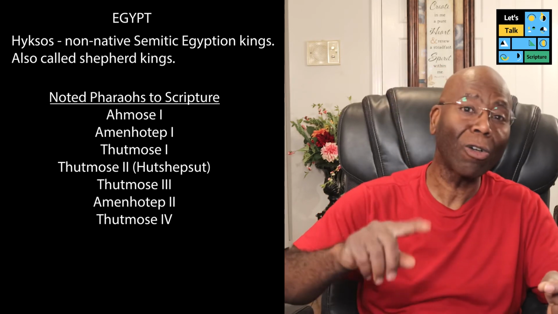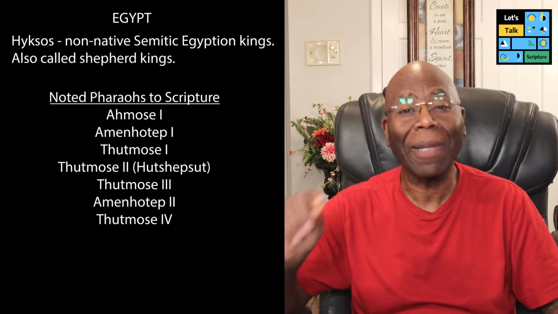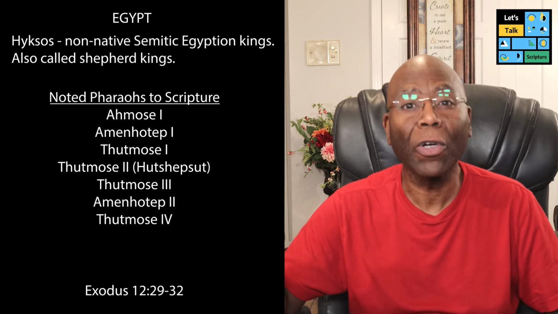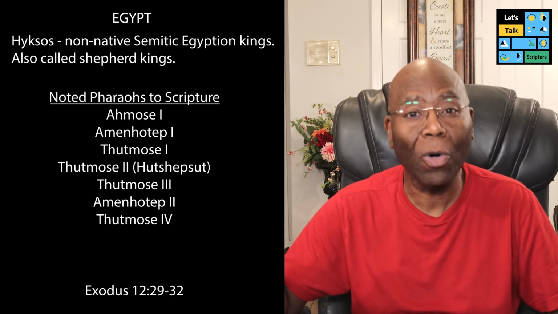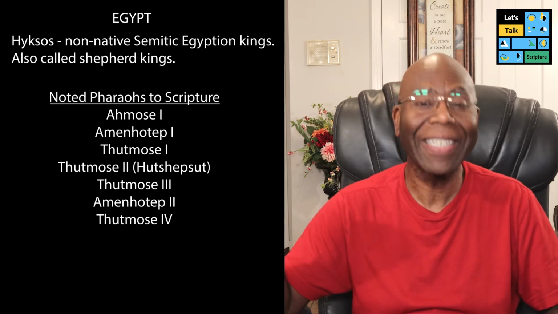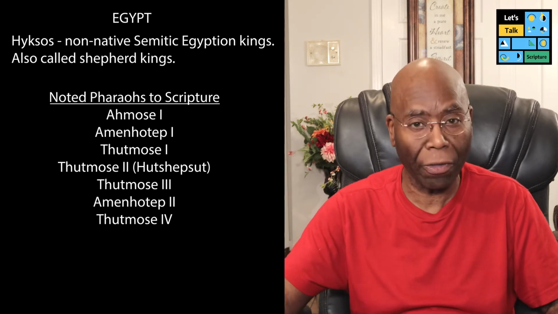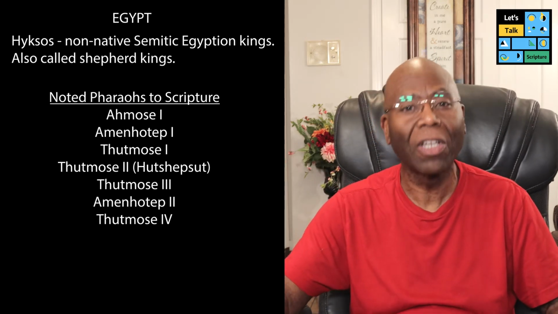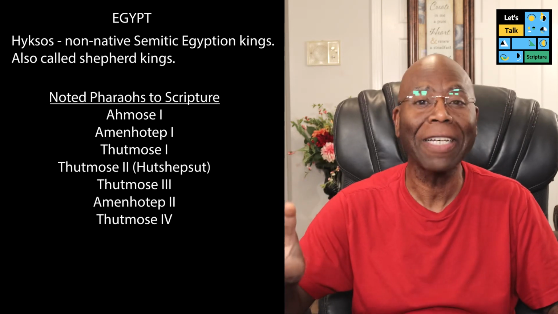And remember also, concerning Amenhotep II, in the 10th plague of Egypt, the firstborn son of Pharaoh died. The firstborn son of Amenhotep II died, which leads us to Thutmose IV. Thutmose IV was the second son, the younger son of Amenhotep II.